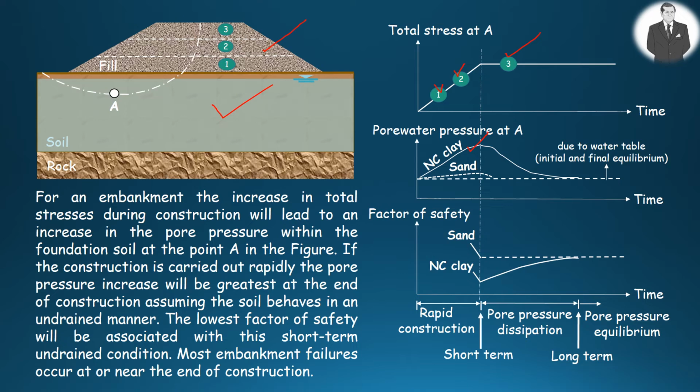If the construction is carried out rapidly, the pore pressure increase will be greatest at the end of construction, and at this stage, the soil will be under undrained condition. The lowest factor of safety will be associated with this short-term condition, as you see in the figure here.